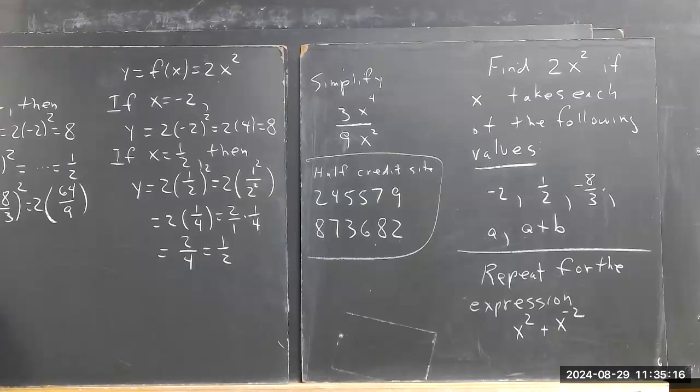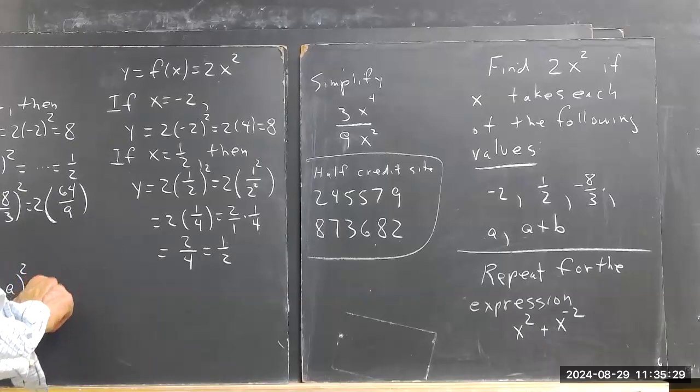F of A is what? Well, x is now A, so we write 2 times A squared. Once that's 2A squared. Okay, don't need the parentheses. But we do probably want to put the parentheses there because another common thing people do is they multiply the A by the 2 squared.